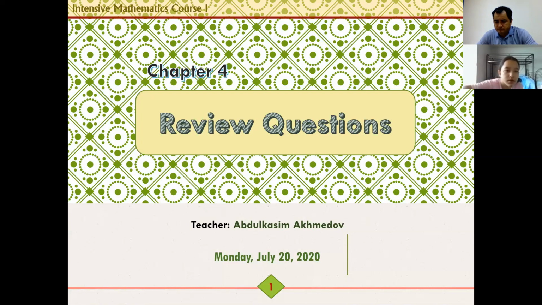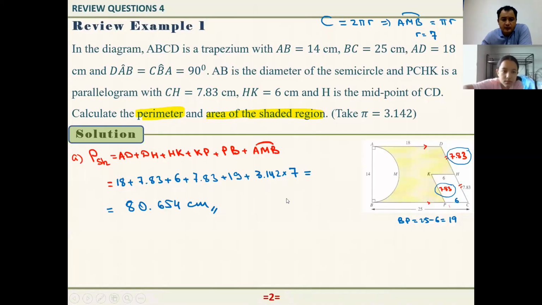Yeah, I think so. Whatever it is, you need to solve those exercises, but at the end of the chapter there are review questions. So we solve them here together.